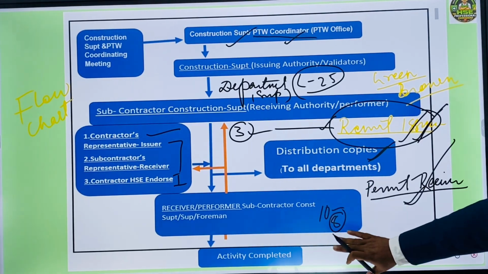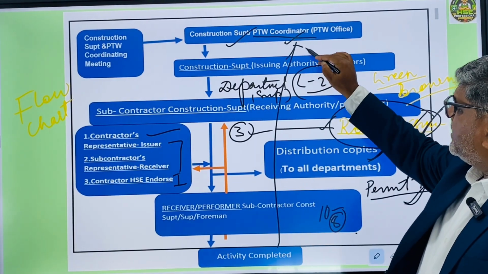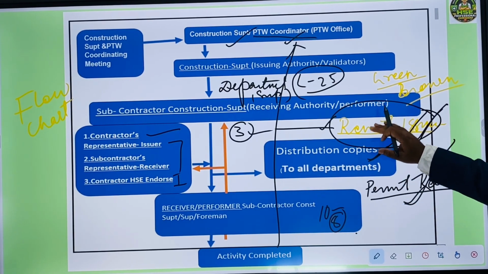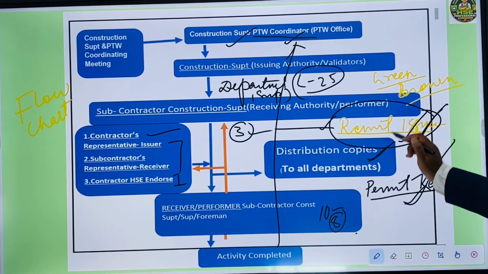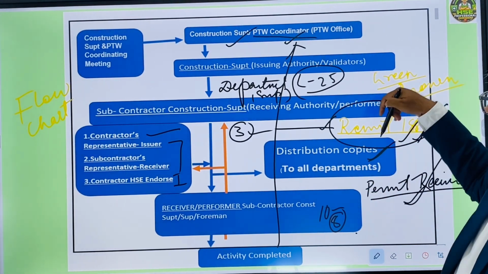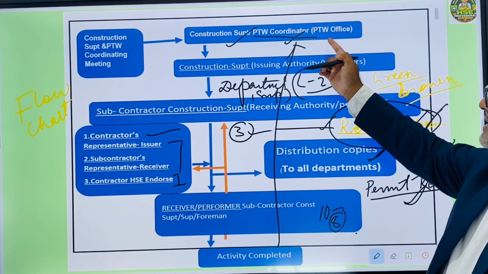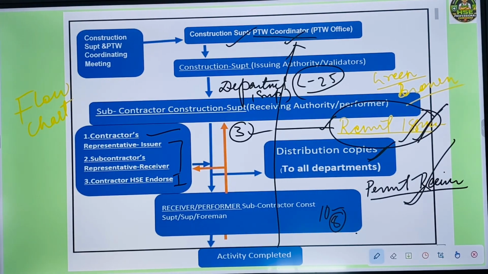When they complete the work, they will return the permit to the permit coordinator. The permit receiver will approach the permit issuer, both will sign and close the permit, and finally a copy of the signed and closed work permit needs to be submitted to the PTW coordinator for record keeping.